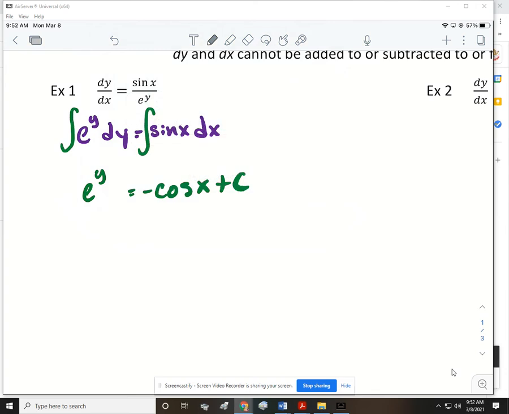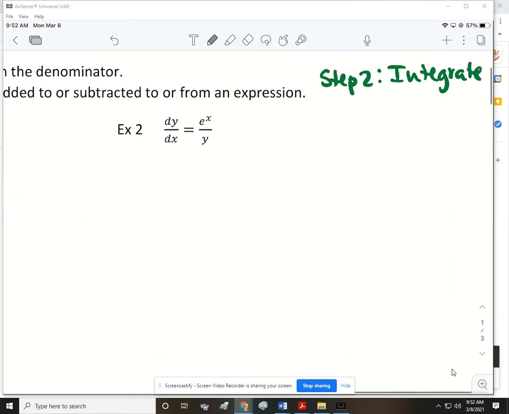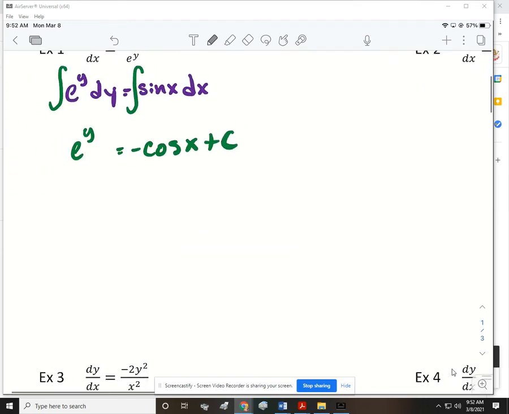All right, and then step 3 is to solve for y. It's been a while since we've done this, but if we have e to the y and we want to solve for y, the only thing we can do to get that down is to do the natural log of each side.